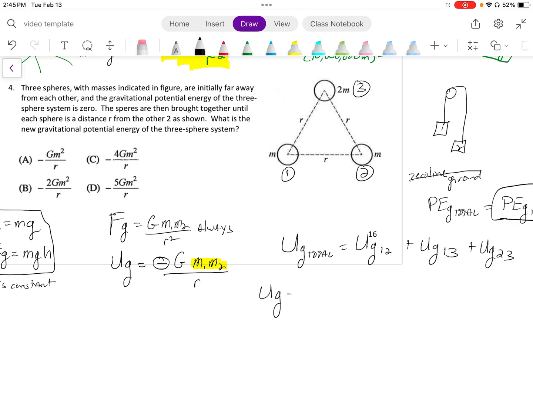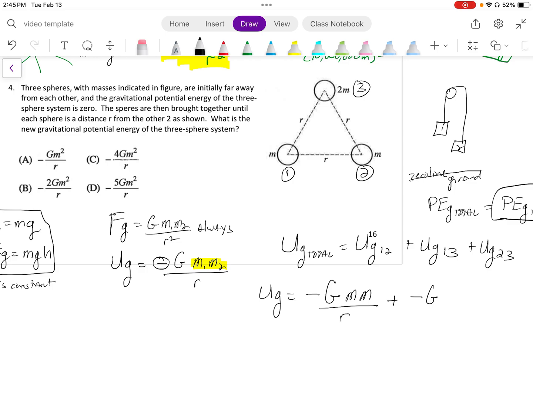So I would then calculate what that is. It is the negative big G. So let's look at 1 and 2. So what is the mass, I've got to have mass 1, mass of 2 divided by, oh, they're just located at R away from one another. The R's aren't squared. I'm going to add now another negative number.